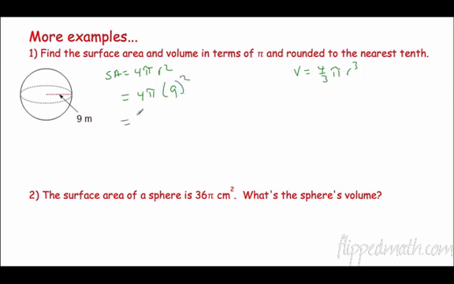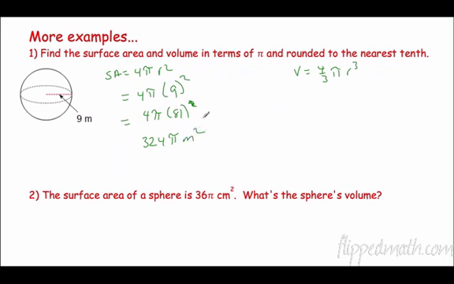9 squared is 81. So now I have 4 pi times 81, not a squared anymore. All right, 4 times 81 is 324 pi. All right, and that's meters squared.